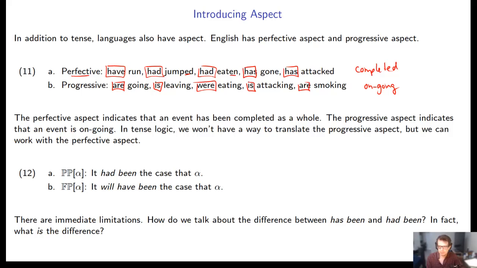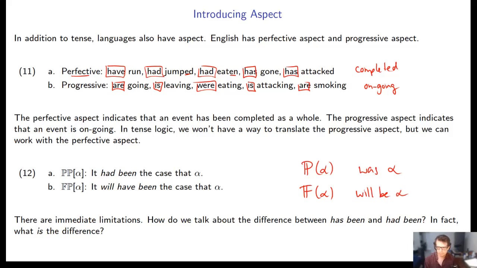So here's what has been suggested for the perfect aspects. Let's just remind ourselves, if we just had the past with alpha, this is like was alpha. If you say the future alpha, this is like will be alpha.